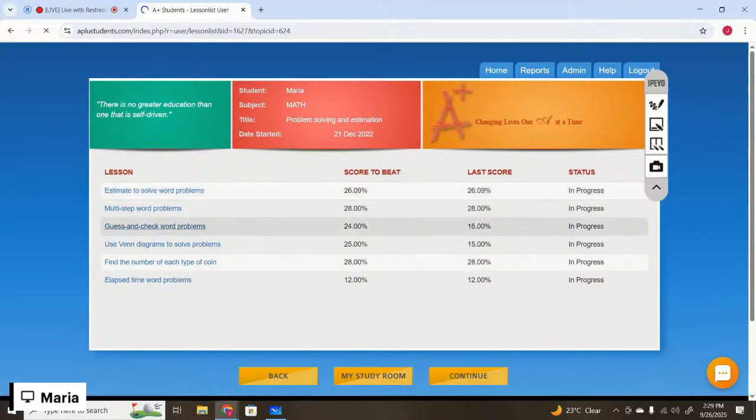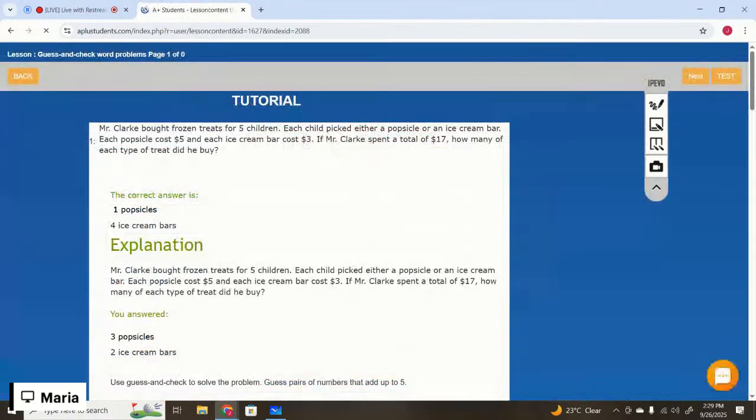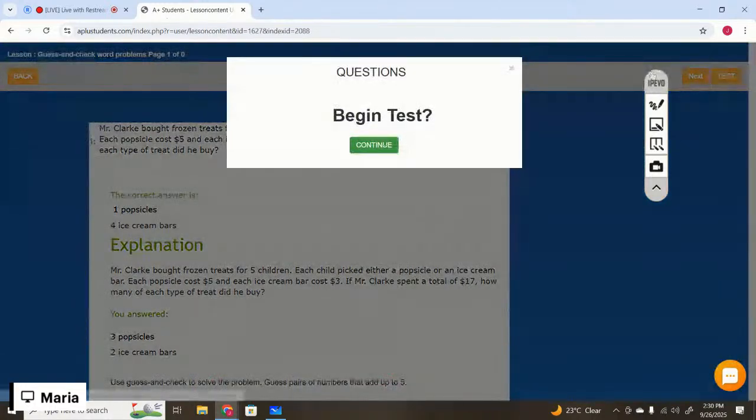Guess and check word problems. Let's just start with the test questions.